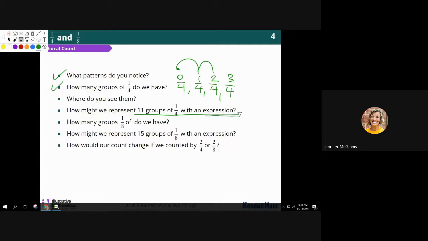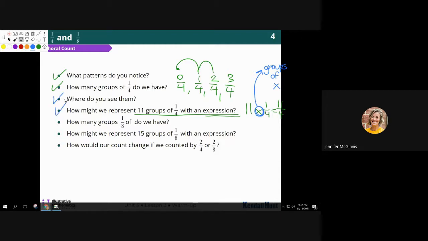Nehemiah? 11 times 1/4. 11 times 1/4 equals what? 11/4. And when we see this times sign, what are we also going to say? Groups of. That's right. Groups of means times.